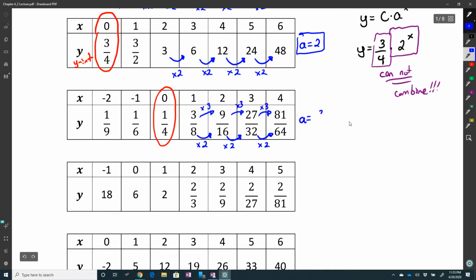So here, my a is 3 on the top, 2 on the bottom, or 3/2. And so my equation would be 1/4 times 3/2 to the x.